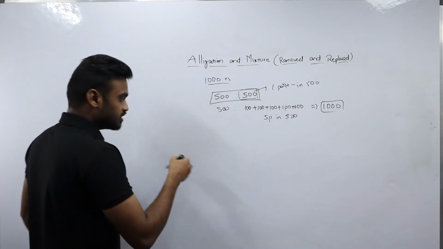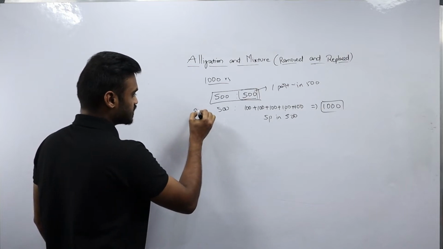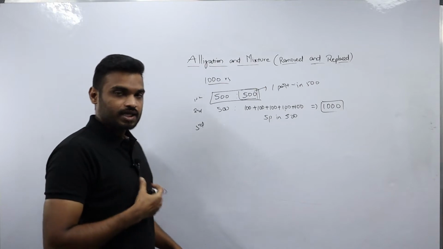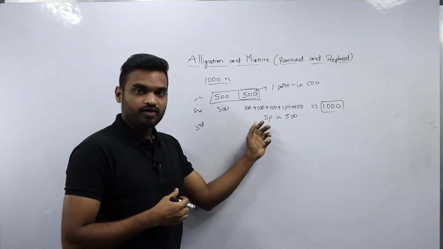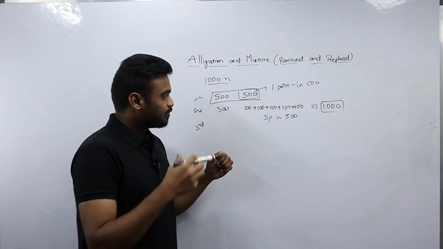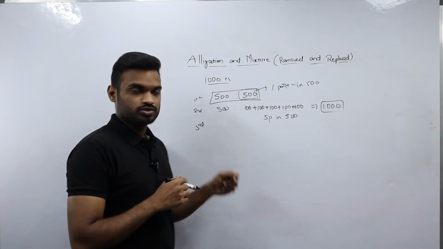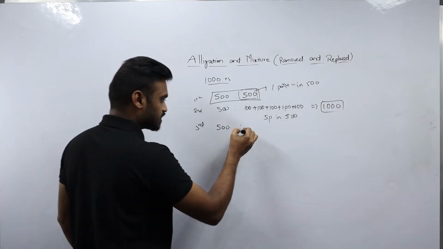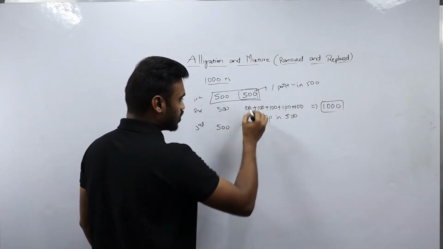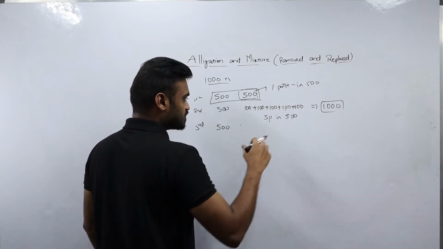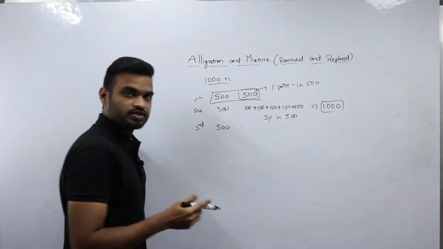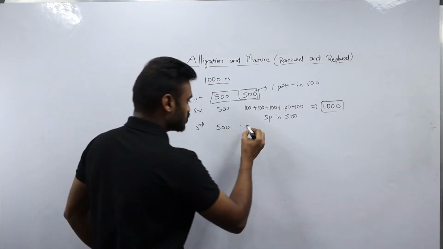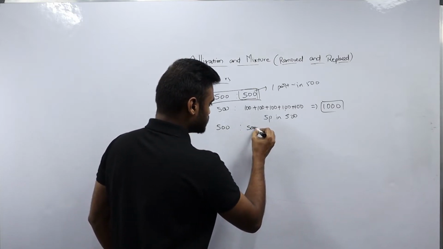Now suppose this is the first case, this is the second, and this is the third case. Now what I am doing is I am taking out all the 100 rupees notes and replacing them with 50 rupees notes, keeping this 500 same in all the cases. Now for every 100 I will get 50 plus 50.